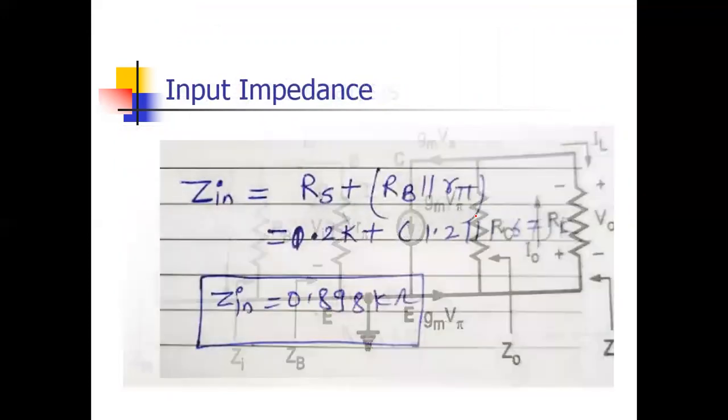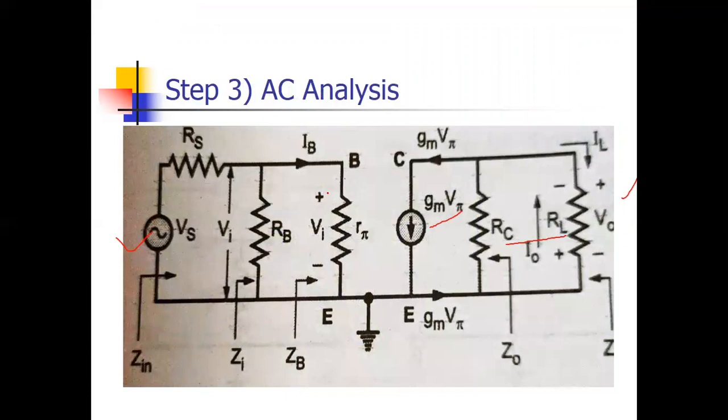Now we want to calculate v pi. Listen carefully. v pi is the voltage across this, that is here. Now we are applying the voltage division rule. The voltage across this v pi, because the node voltages are the same at these two points, is the voltage across the branch in which we want to calculate the voltage. That will be the numerator part.